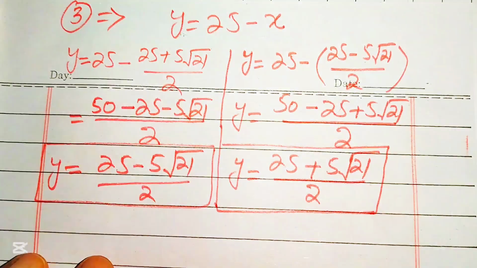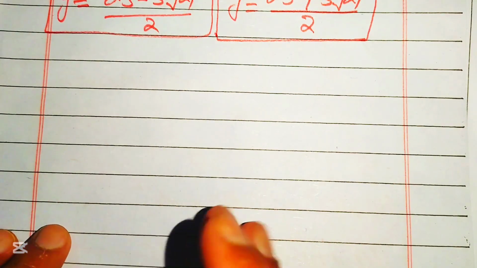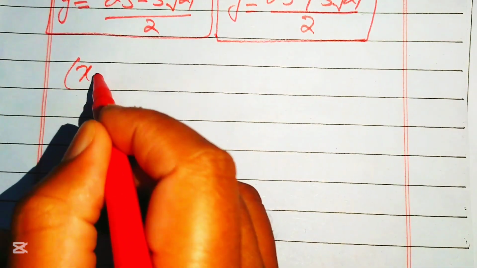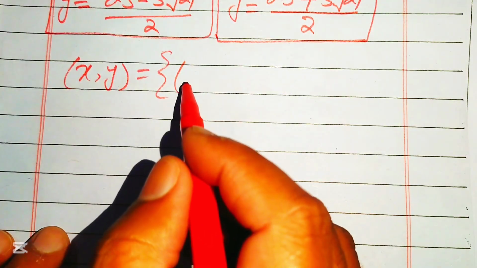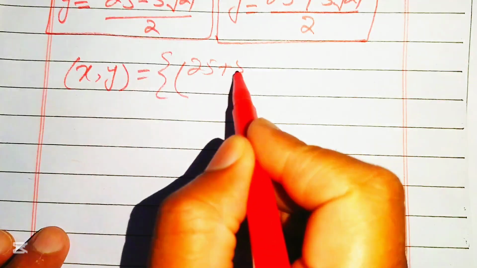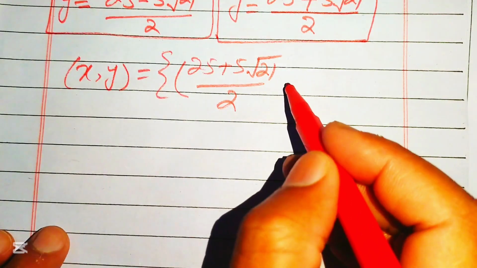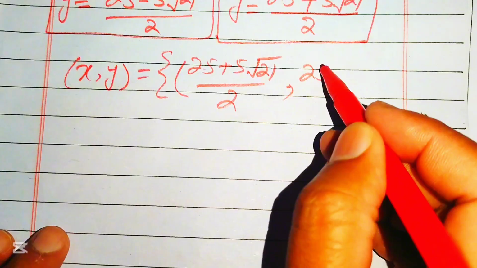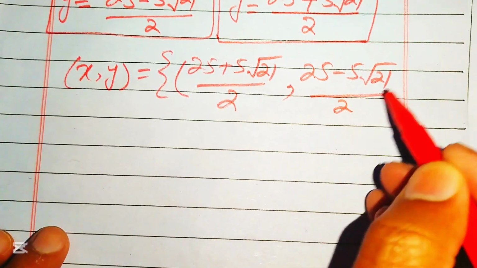Finally, we have the two roots of the given equation; we will write them here. Our (x, y) is equal to: our first root is 25 plus 5 times the square root of 21, divided by 2, and the value of y is 25 minus 5 times the square root of 21, divided by 2.